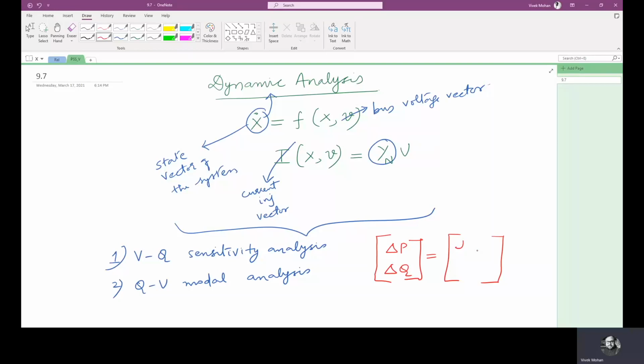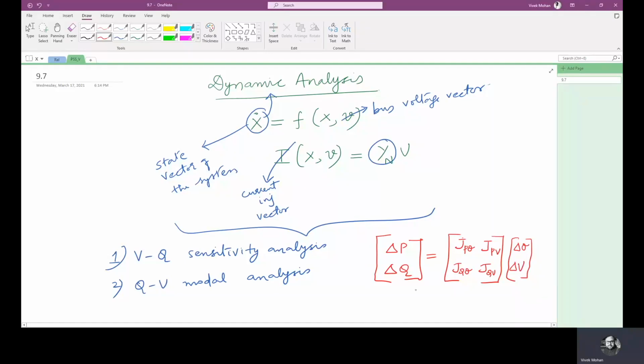So the elements of the Jacobian matrix are J P theta, J PV, J Q theta, and J QV. So what should be this vector? This vector should be related to, so we are relating PQ with theta and V.